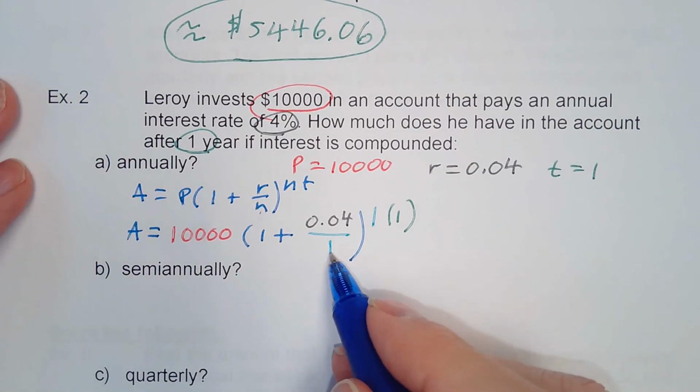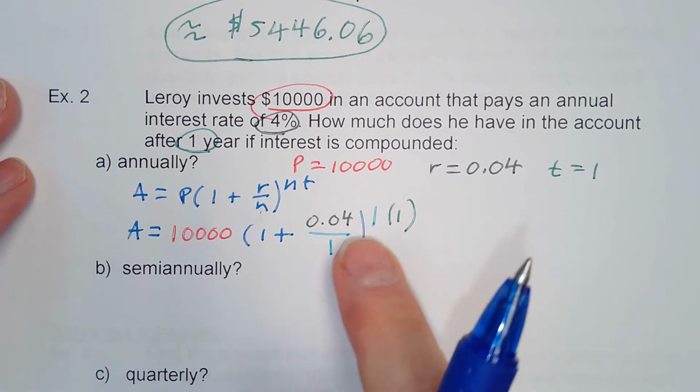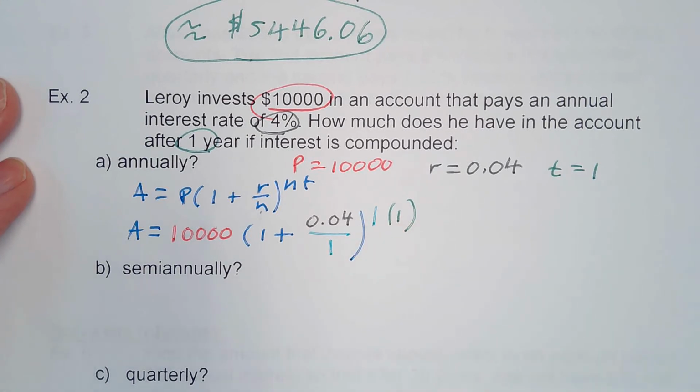The only thing we're going to be changing each time as we go for B, C, and D is that 1 that's light blue.